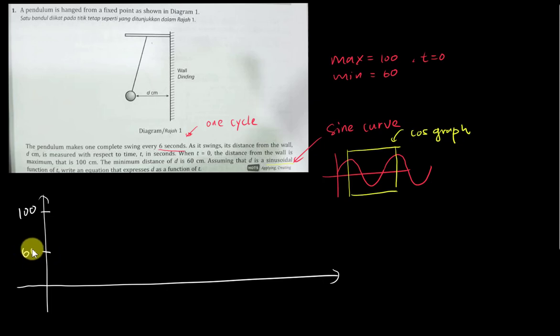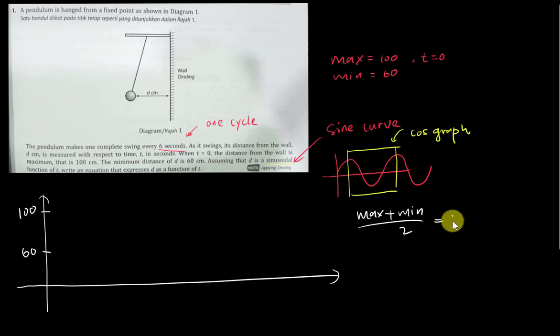So I know my graph should be between 100 and 60. Because you learned about the sine graph and cos graph, you know there must be symmetry. So the middle value should be maximum plus minimum divided by 2. Just in case you do not know the middle value, it is just maximum plus minimum divided by 2.